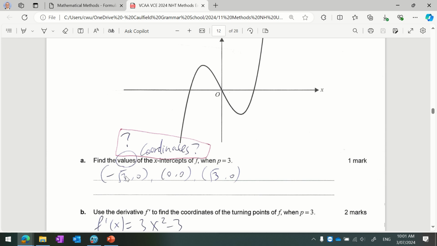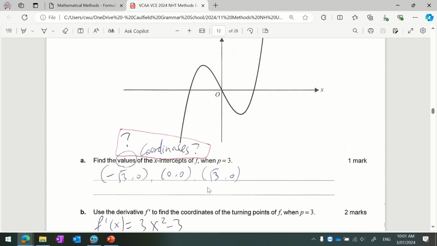So I'm not sure if the question is asking for just the number -√3, just the number 0, and just the number √3. I guess if that's the intention, it's fine. Maybe they're trying to make the student's life easier, because it is the first question of section B, so maybe they want to give more chances to students to earn the mark.